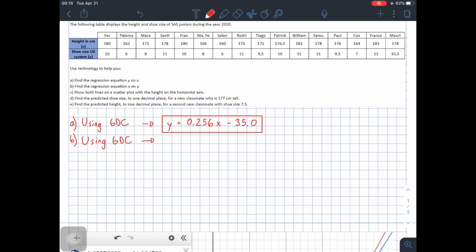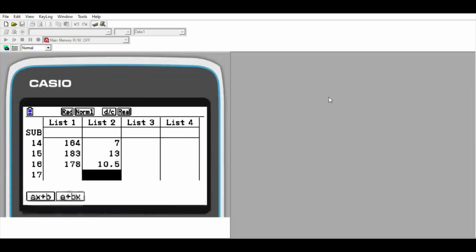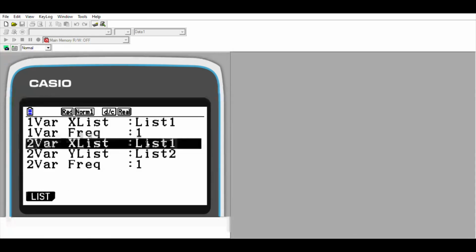If we go back to the calculator now, let's go to exit, and exit again, here. You see that we plugged in list 1 the x variables and in list 2 the y variables. The calculator, as it is set up, will always interpret that list 1 is the x variable and list 2 is the y variable. But if you go to set, which is F6, we could change that. You see that here it says 2var x list, and we could tell the calculator to read that from list 2 now.